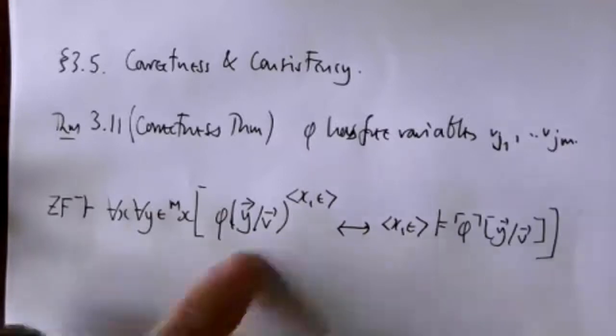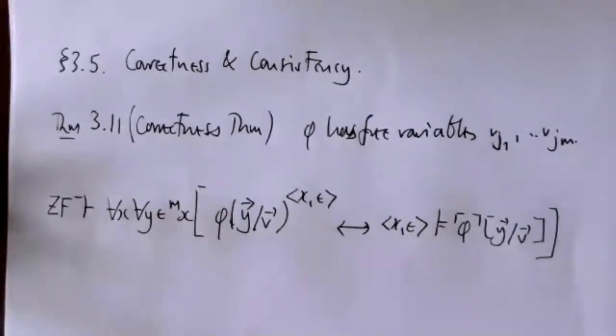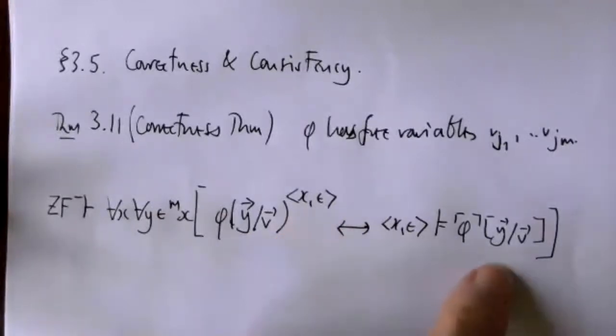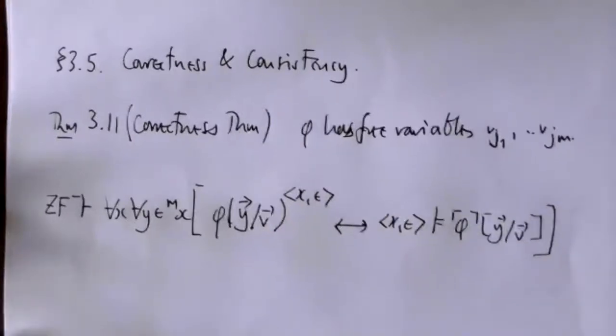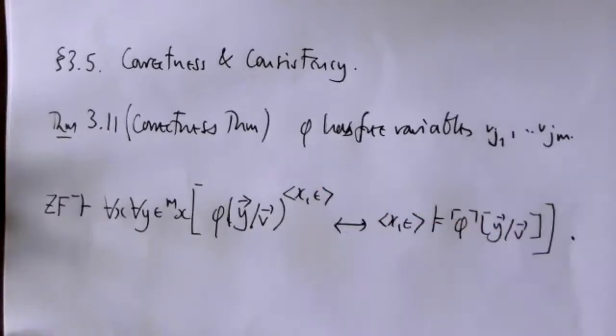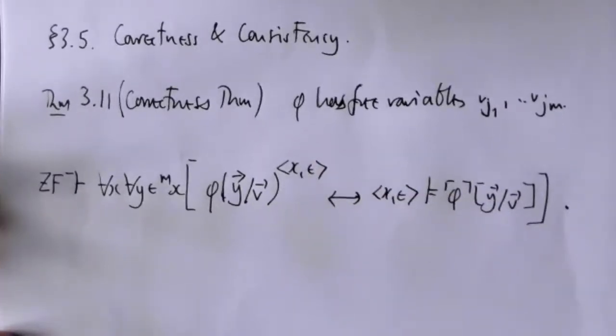And we can relate these two notions of truth together, truth via relativization and truth via satisfaction. Again, as I said at the time, this would be a proof by induction on the structure of phi, and we're not going to do it.